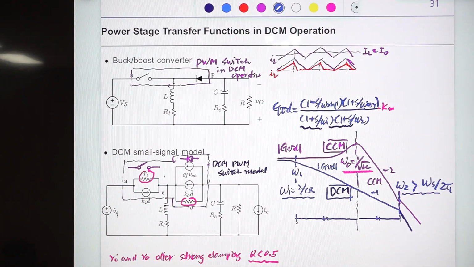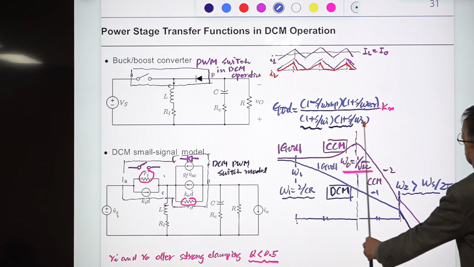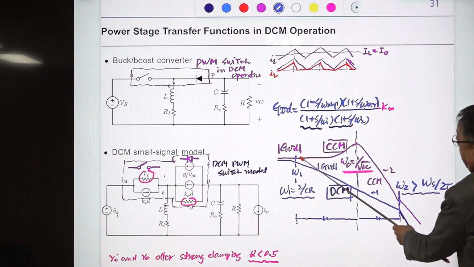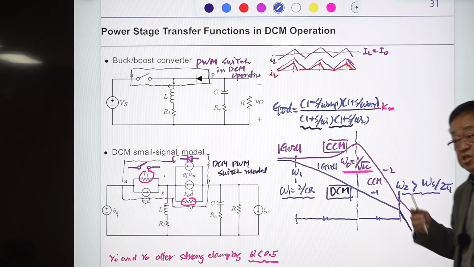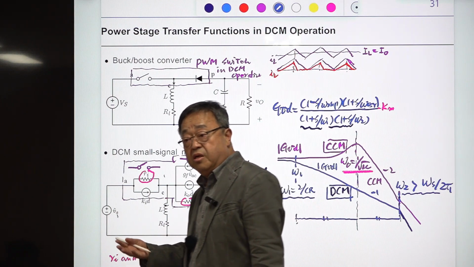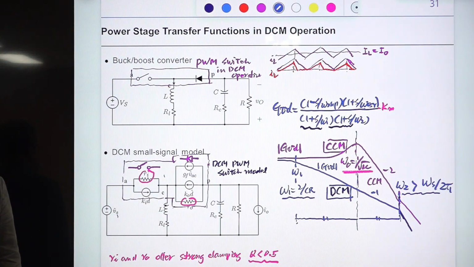This one is a second order system. There is one pole here at high frequency; we ignore this, we are not interested in it. But up to this is a second order system, and this is a first order system. Which one is easier to deal with? A first order system is much easier than a second order system.